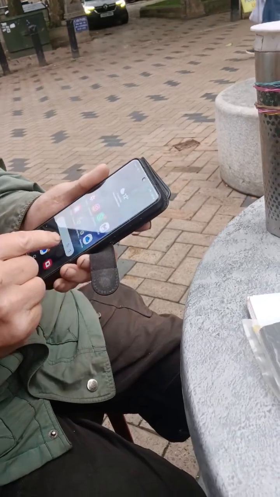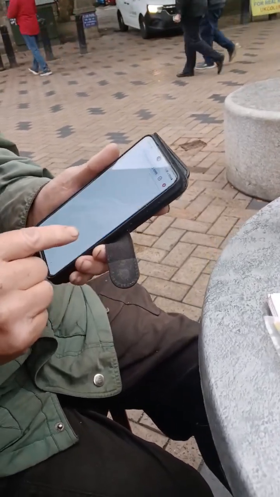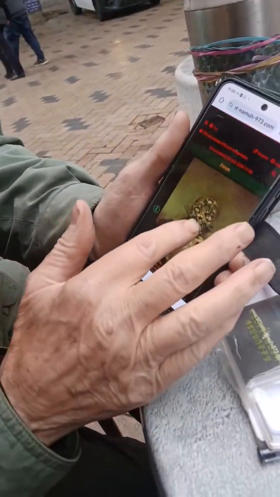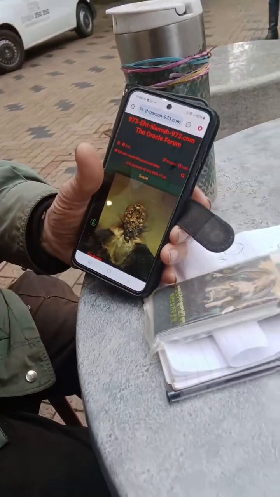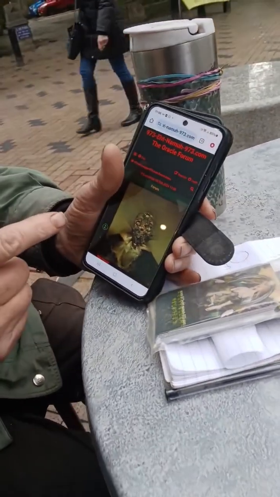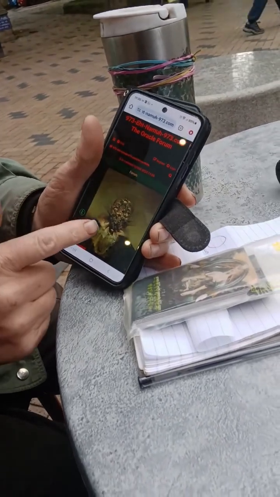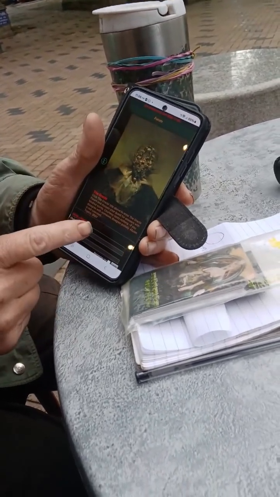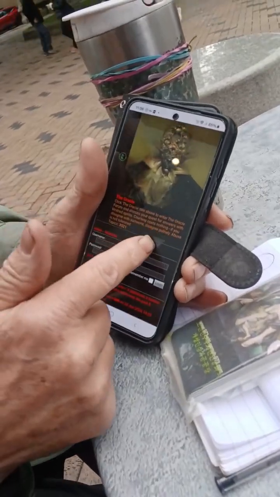Wait a minute. Anyway, this is what I want you to look at. This is the forum, where people can communicate. They set this up in about 2007, and it's got 40,000 or more members and over 10,000 posts.